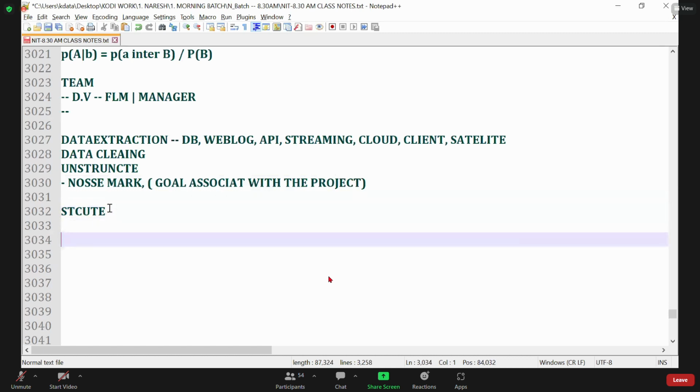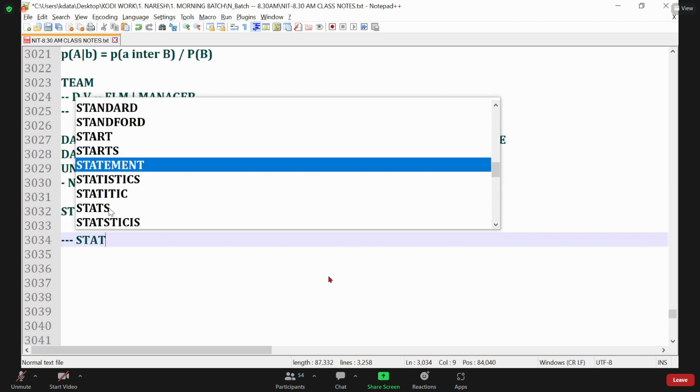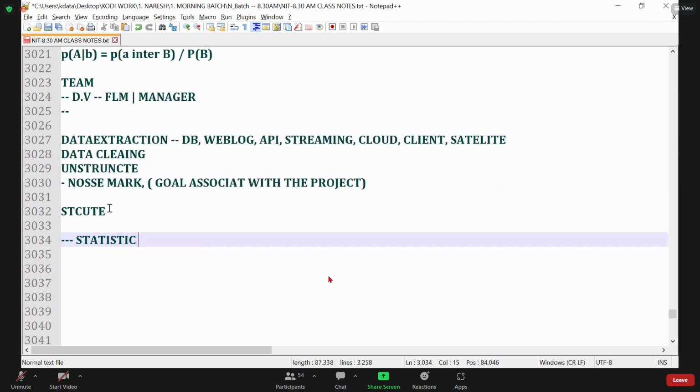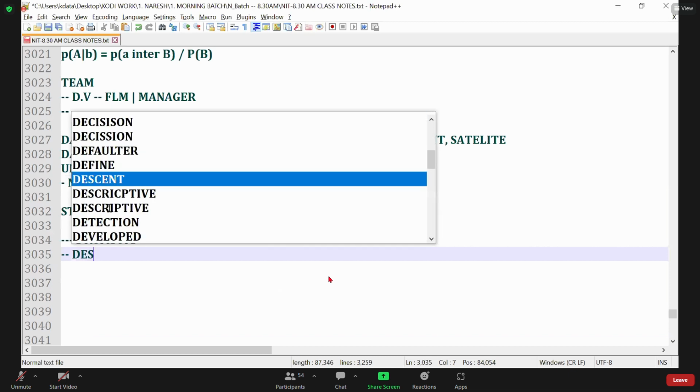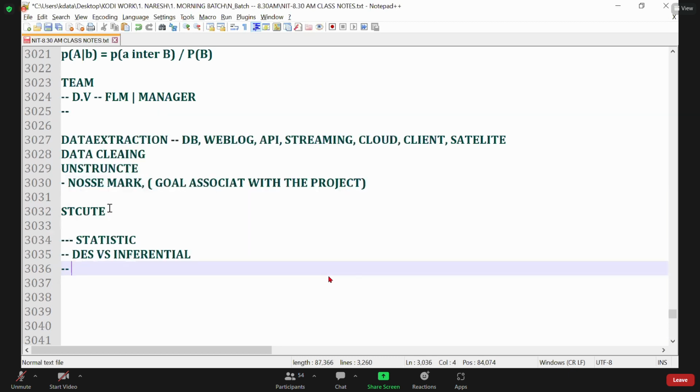Once you know that, you must implement statistical techniques. You need to implement both descriptive stats and inferential stats. Once you implement that, you import packages like NumPy, Pandas, Matplotlib. Then we import the data into Python, or you can work in any platform.